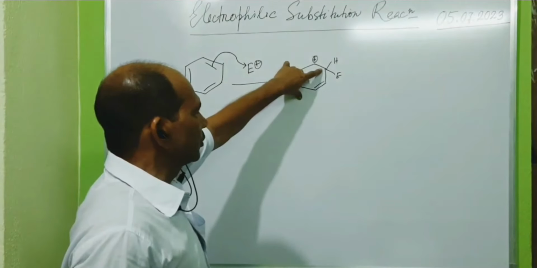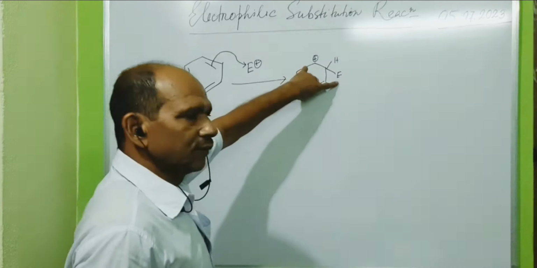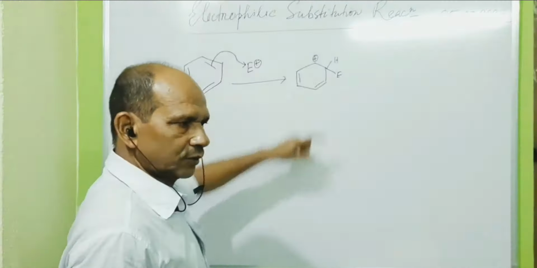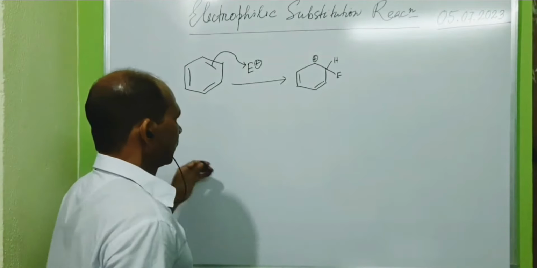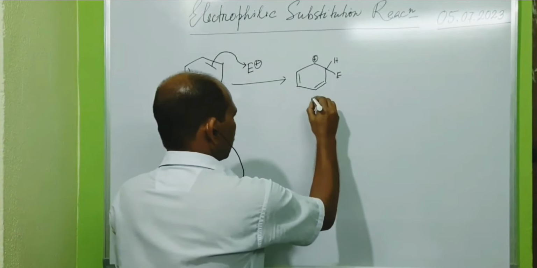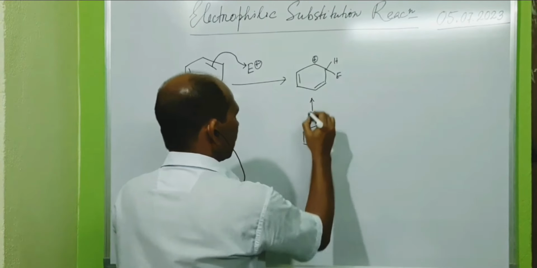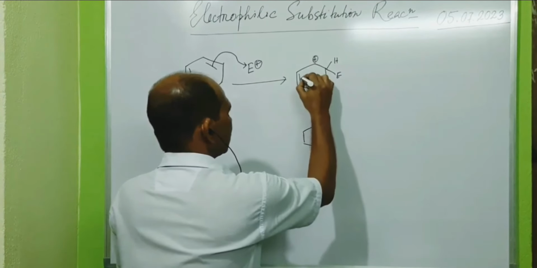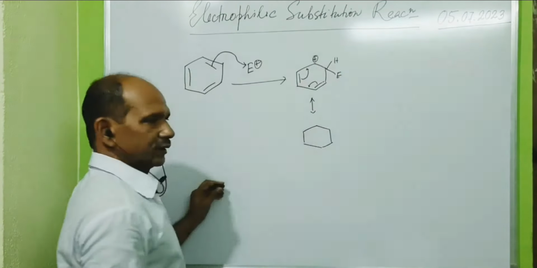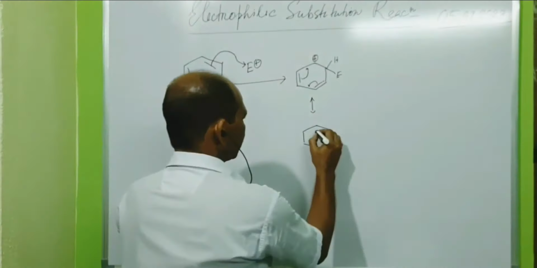Now here are four bonds: two carbon-carbon bonds, one carbon-electrophile bond and another is a carbon-hydrogen bond. This is also called sigma complex. Sigma complex is written like this because it can go through the resonance like this.